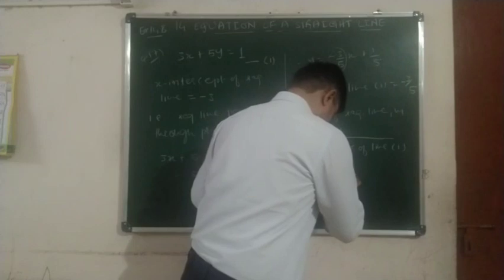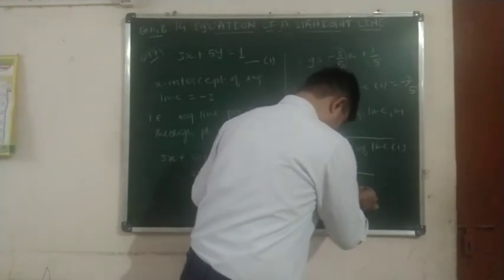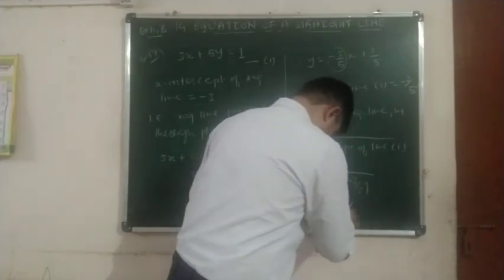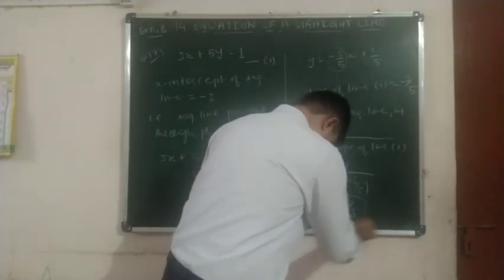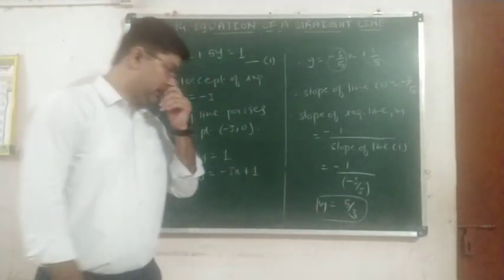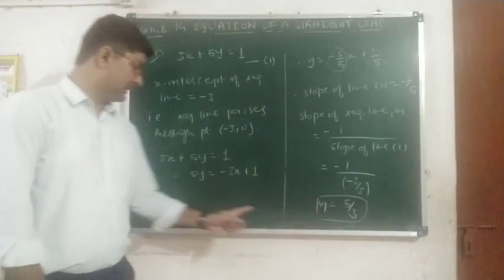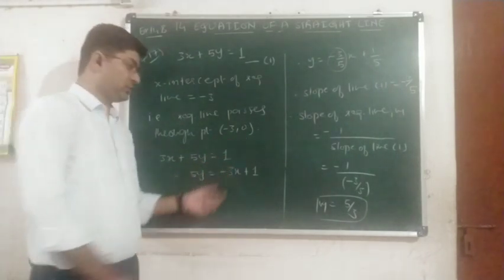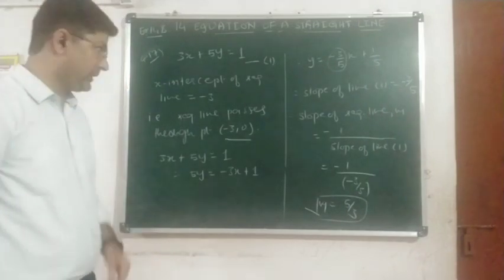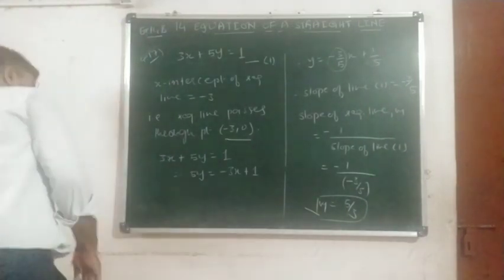So -1 upon -3 by 5, which will be equal to 5 upon 3. Clear? So we got the value of slope m of the required line. Now we have the slope of the required line and a point on it. So point and slope are there, so obviously we can use the point slope formula.